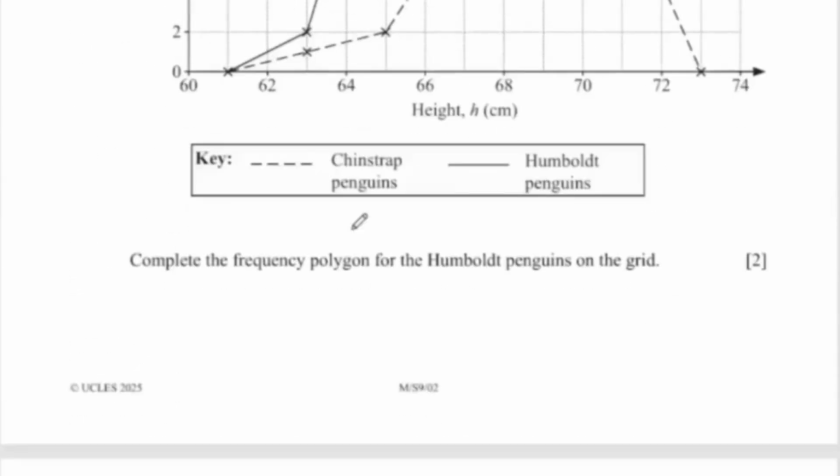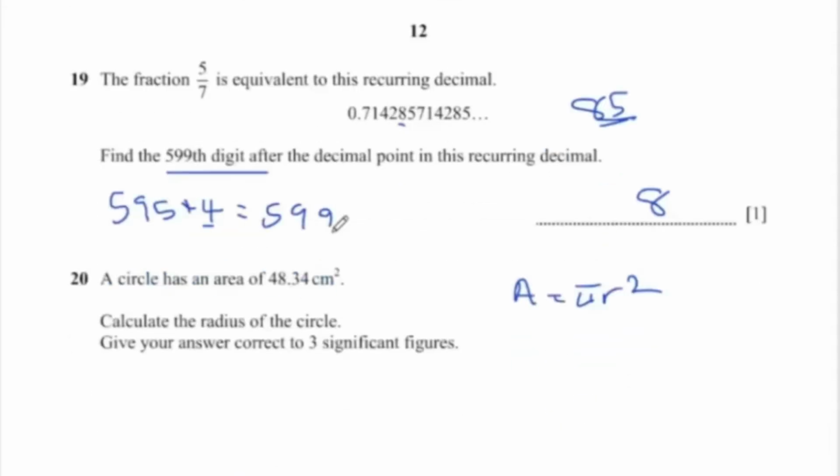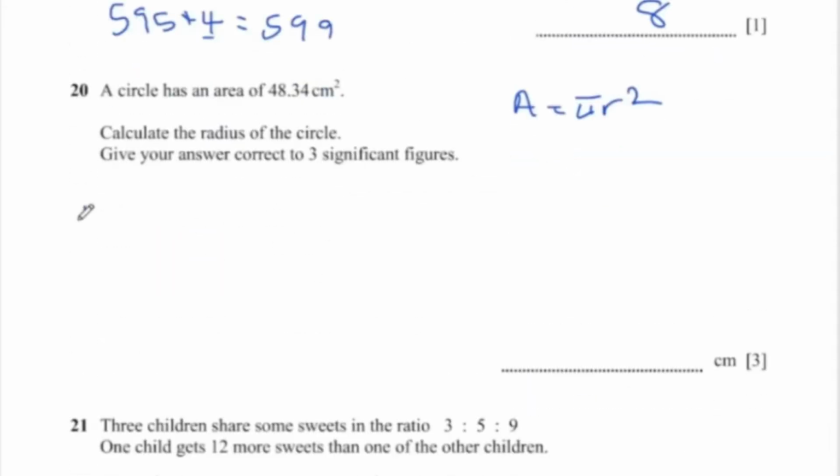That will lead us to our answer. So using that, area 48.34 is equal to pi. I'm using 3.14, which is the same dp as the area, times r squared.